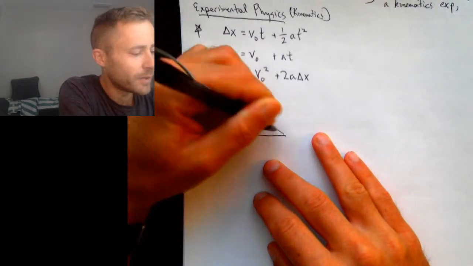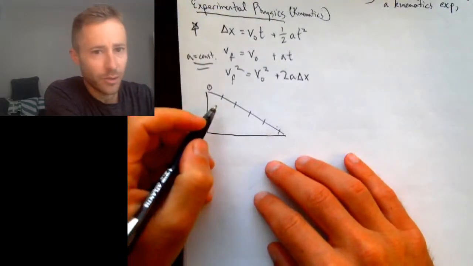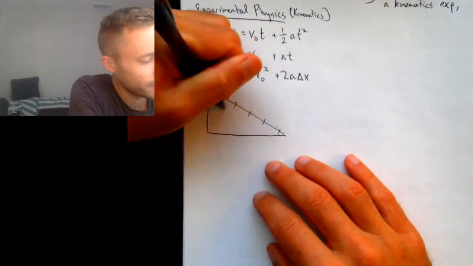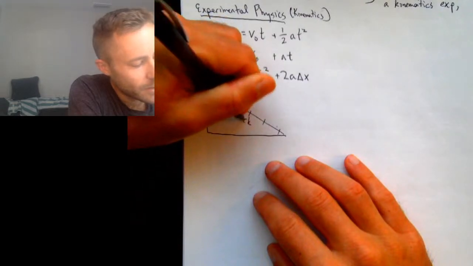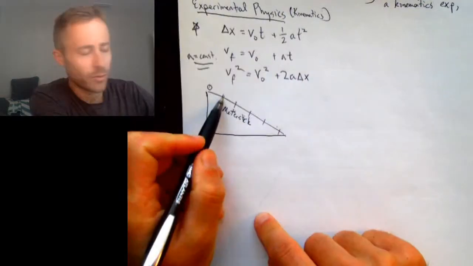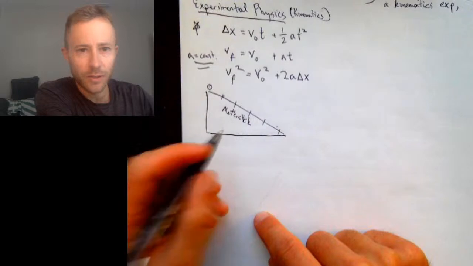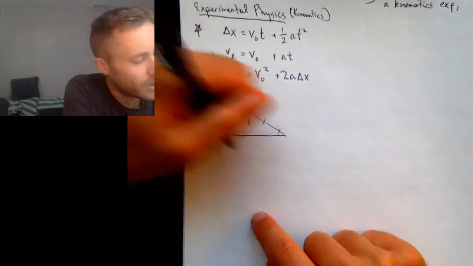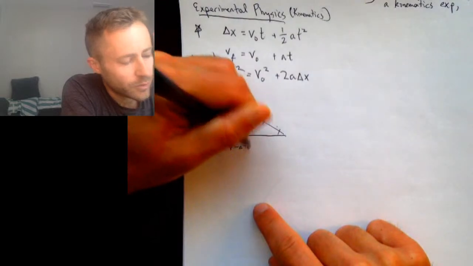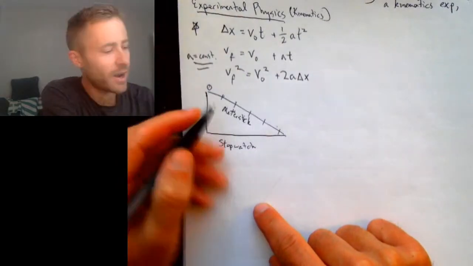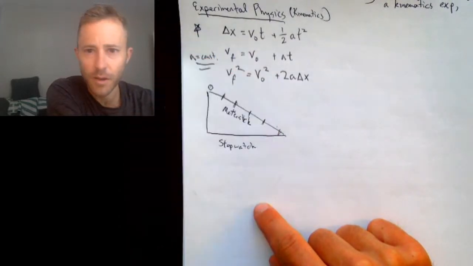So what you might do is use a meter stick to mark the ramp, and then you use a stopwatch to record the time at which each of these markings is crossed, okay?